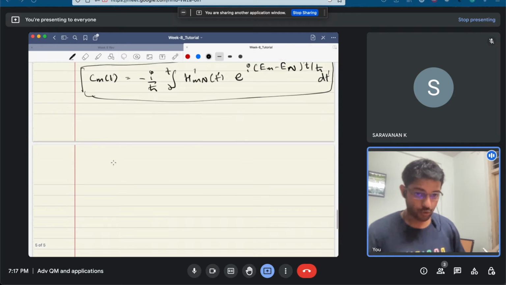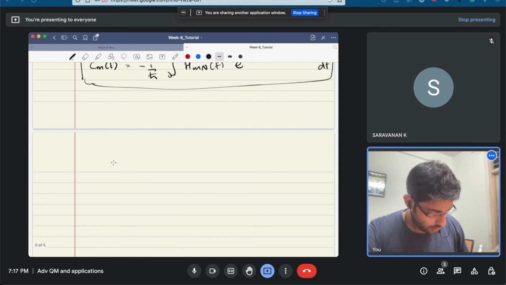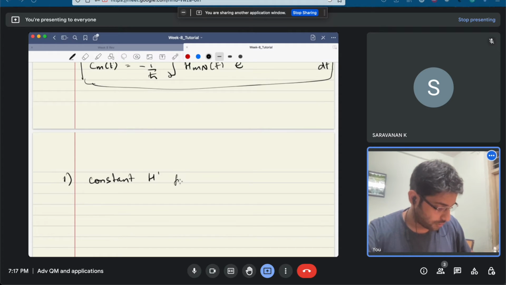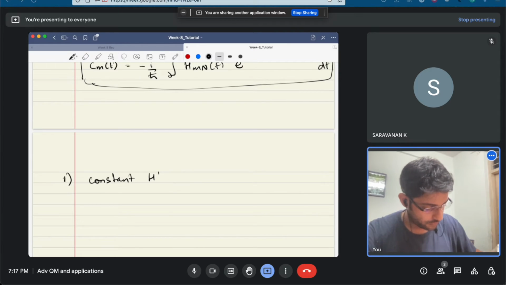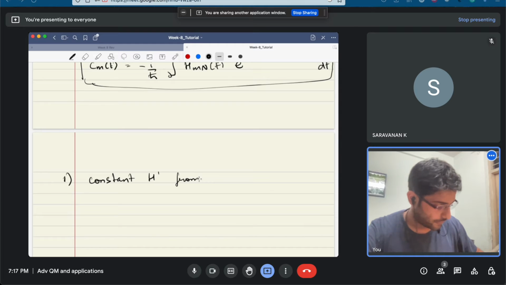So mainly we are going to take two problems. First one is a constant H prime from 0 to t naught.